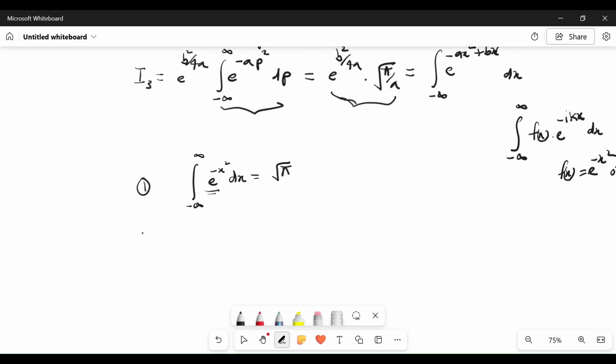Now the second expression was the integral of e raised to minus a x square dx, which is equal to this one.